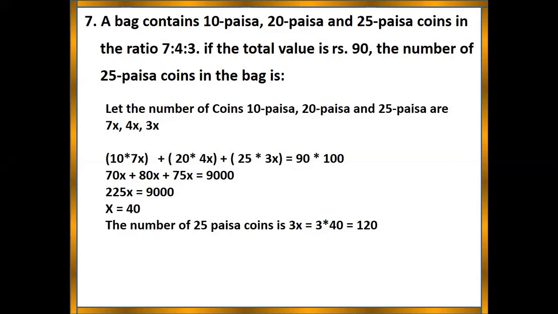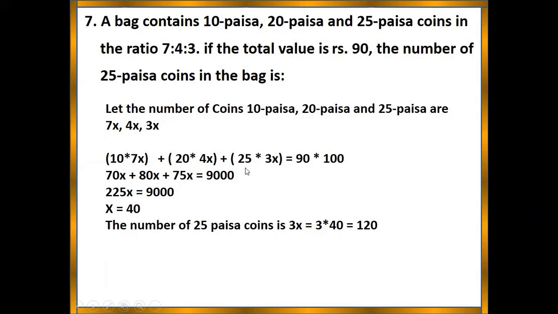Whenever the number of coins is 7 with Animesh, 4 with Anupam and 3 with Sabishta, what is the total amount with you? Animesh has 10 paisa coins, 7 coins, total 70 paisa. Anupam has 20 paisa coins, 4 coins, 80 paisa.